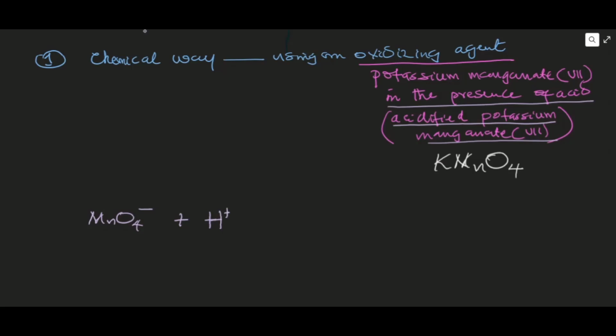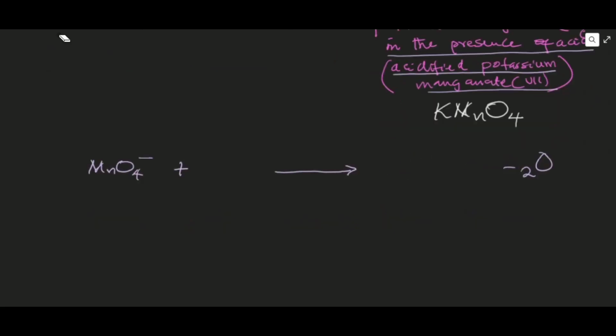And then you write the product of the reaction, which is Mn2 plus and water, H2O. We know that our reactant is MnO4 minus, and our product is Mn2 plus, and the reaction happens in the presence of acid, so we add H plus here.